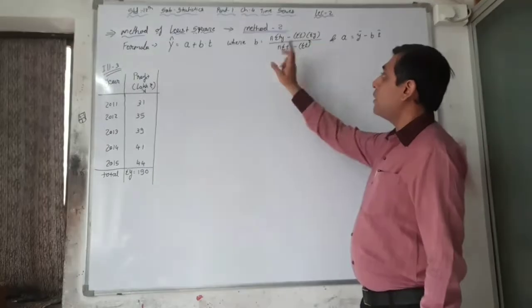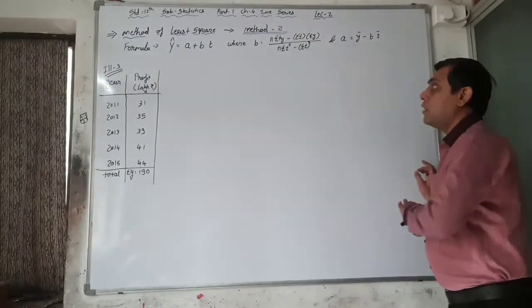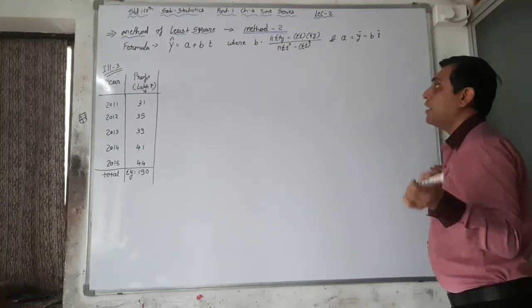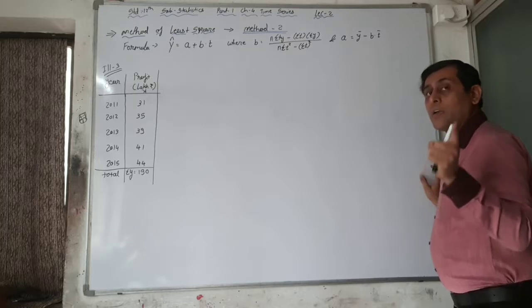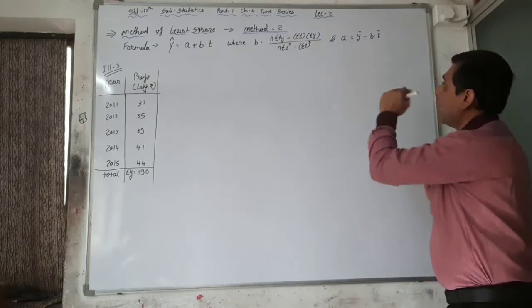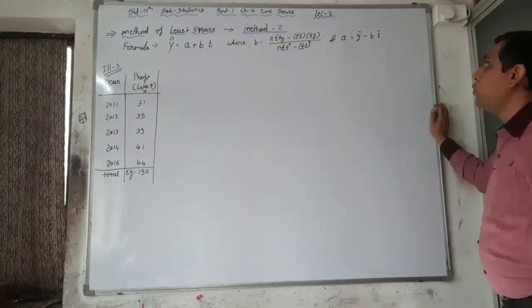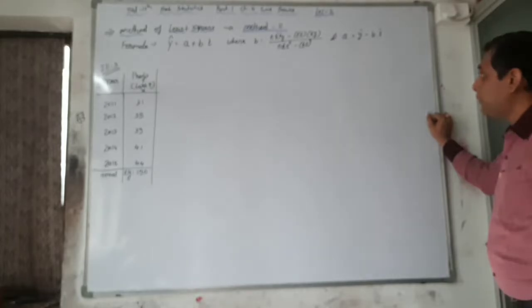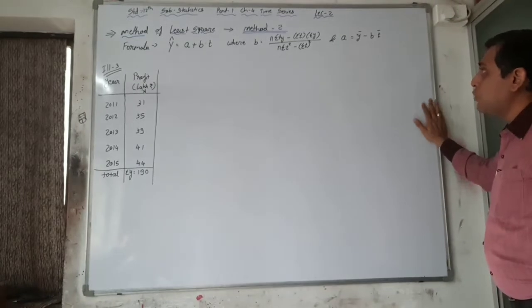Just like that, here instead of x we are taking t in another column. Just that difference is there. Okay. Now a. What is a equal to? A is equal to y bar minus b t bar. Right? Okay. It is common.